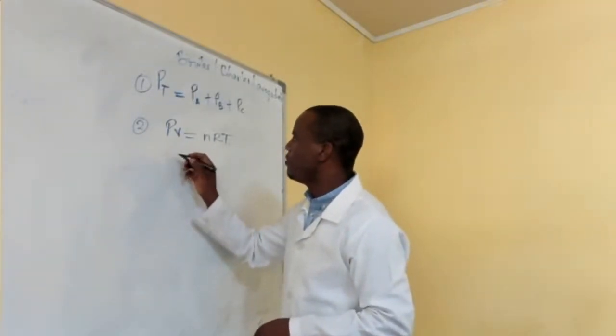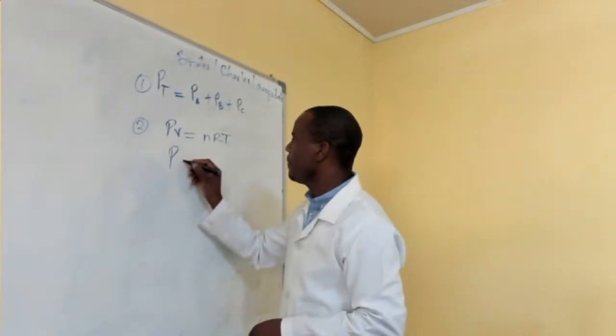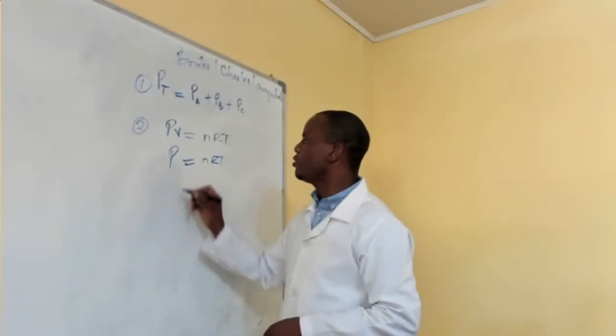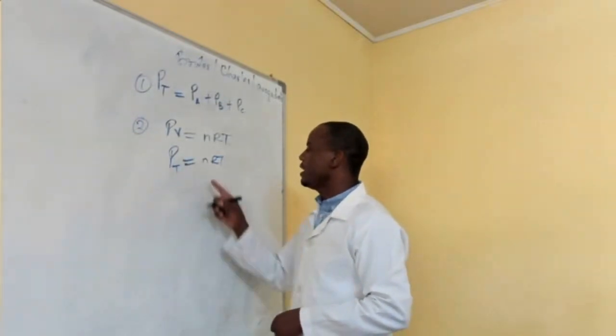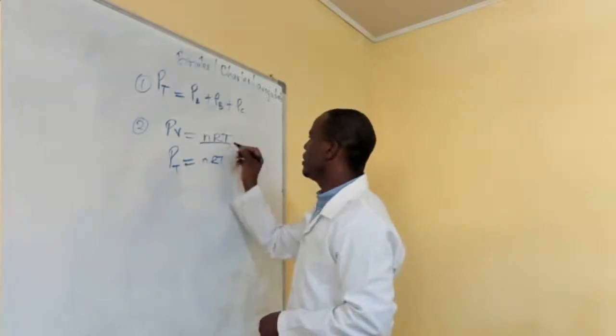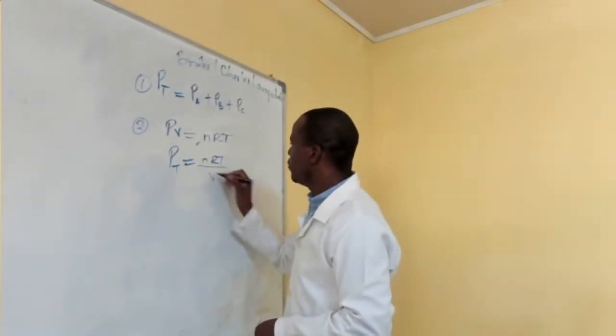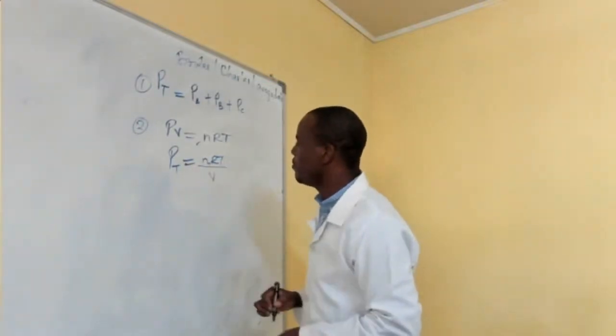Therefore, if we solve for pressure, we are saying P is equal to nRT over V. Now, if the pressure is the total pressure, then the number of moles will also be the total number of moles.